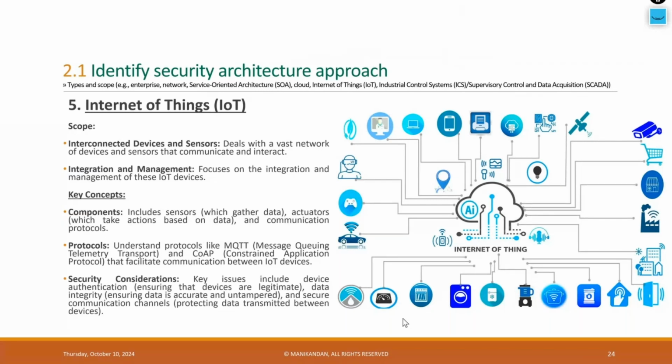We have to make sure these devices are not directly accessible over the internet, because if they are, then anyone can take control of them and actually see what is happening within our organization. So these are some major challenges from an IoT perspective.